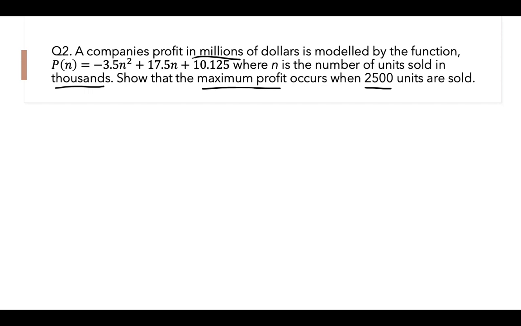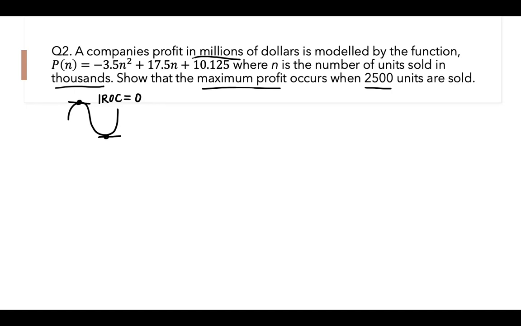Now, maximum profit. As soon as you see maximum or minimum, it means that the slope of a tangent line must be 0, because maximum happens when the tangent is 0, and the minimum happens also when it's 0 as well. So the instantaneous rate of change at maximum must be 0.